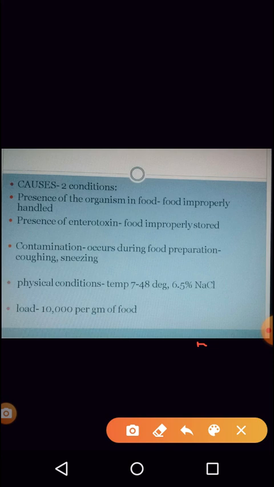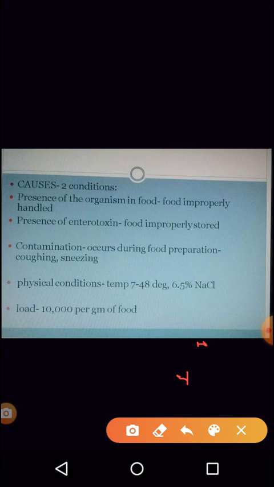So the person serves the food, the organism enters into the food and you take in the organism. So that's how improper handling happens, or maybe the person might have sneezed during the processing of the food, or during the preparation, or while the food is stored, or the food is not covered properly.